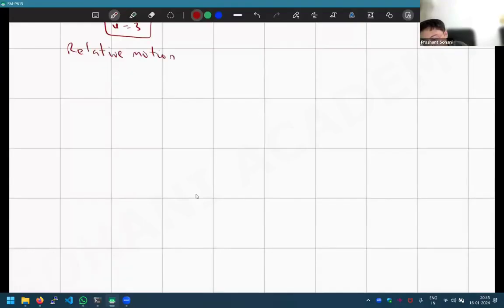What is the meaning of relative motion? See, if you are stationary and some object is traveling towards you at 20 meter per second, you will see that it is traveling towards you at 20 meter per second because you are yourself standing on the ground.